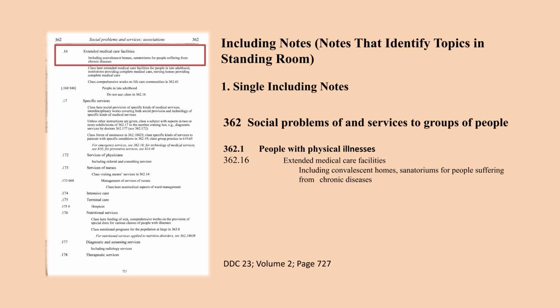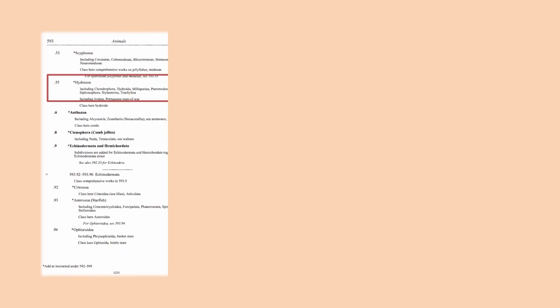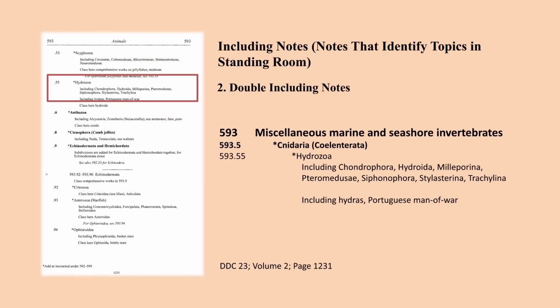And if we try to find a double including note, we can take an example from 57 to 59. In page number 1231 of volume 2, we will get 593, that is miscellaneous marine and seashore invertebrates.